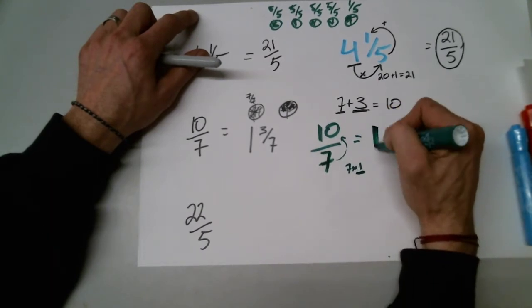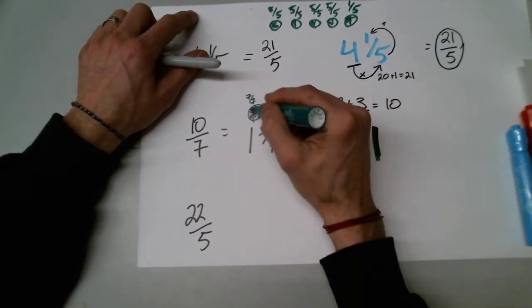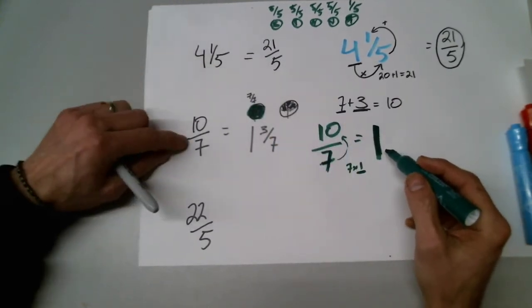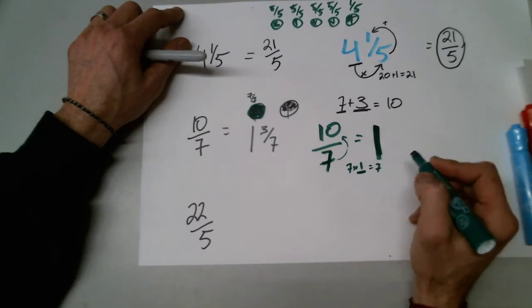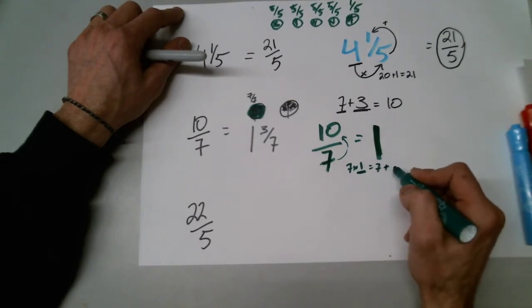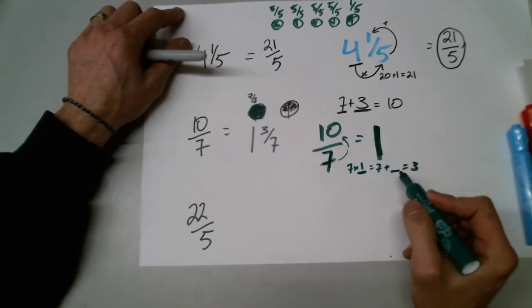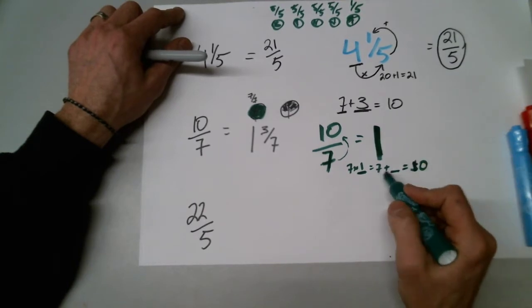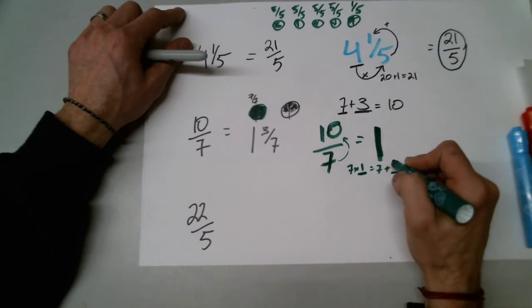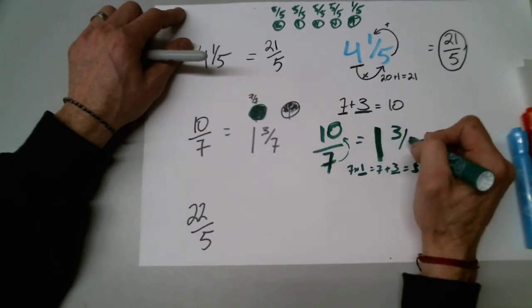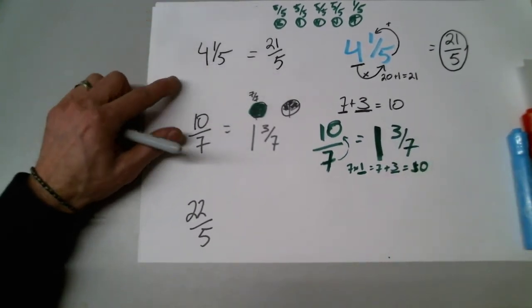That tells me that I can take 1 whole pie out of this set of fractions. Now, 7 times 1 is 7. So 7 plus blank equals 10. So how many do I have left over to get to 10? Well, that would be 3. So I get 1 and 3 sevenths.